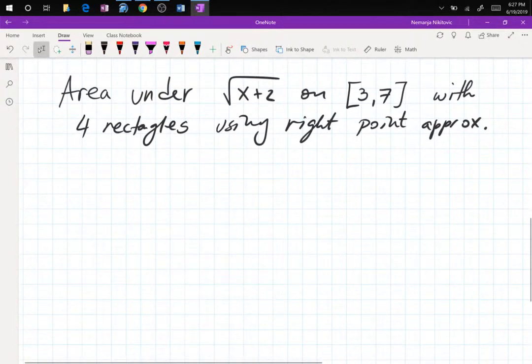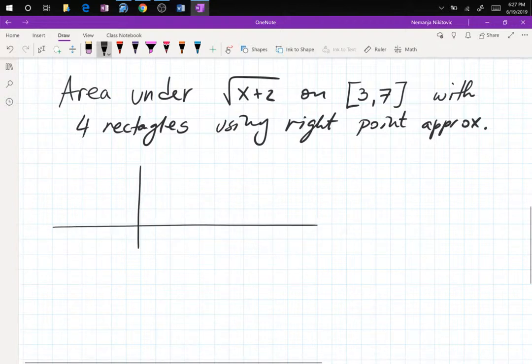Now, we know what the graph of square root of x looks like. We need to shift it 2 units left. Very good. So we're going to draw the square root graph, starting at -2.